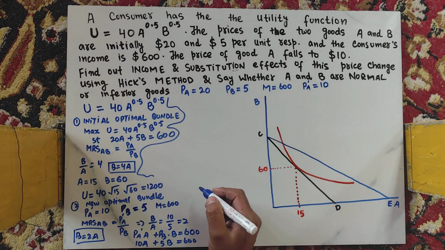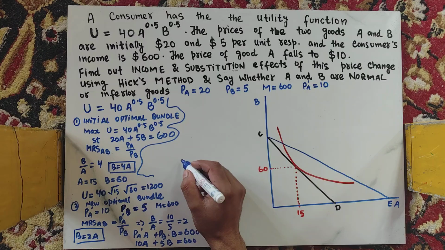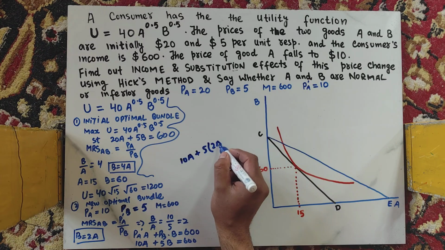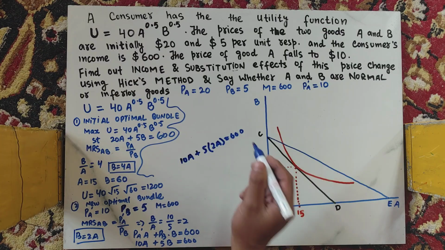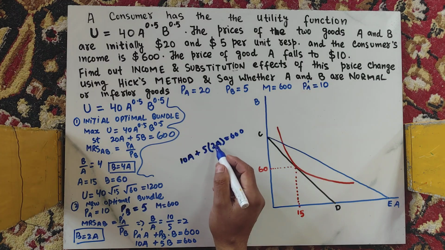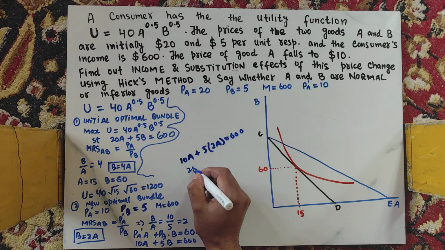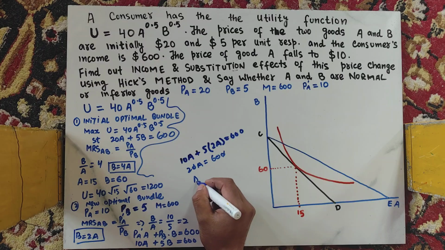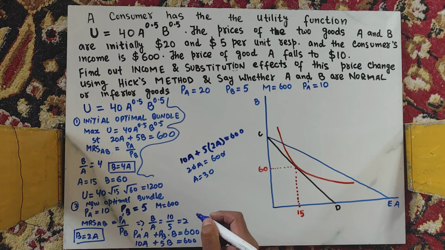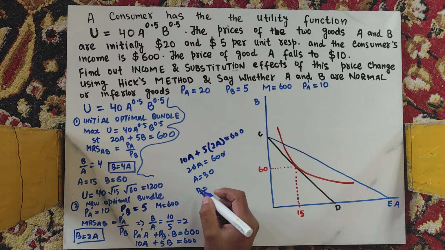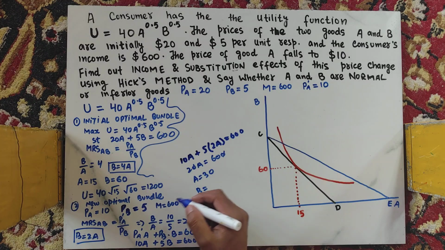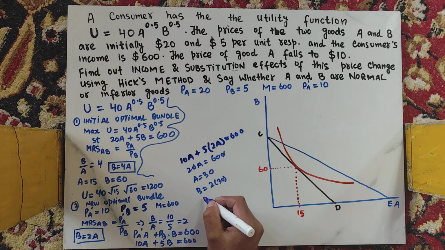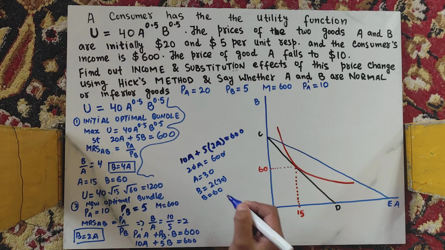So what will we get? If I plug in, we have 10A plus 5 into 2A equal to 600. So 2 5s are 10, so 10A plus 10A is 20A equal to 600. So A will be equal to 30, and B will be equal to 2 into A, so 2 into 30, which is 60.